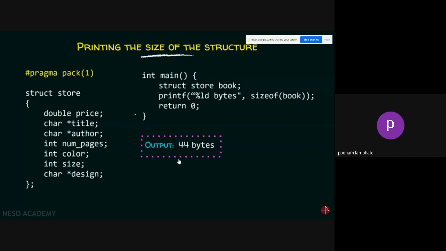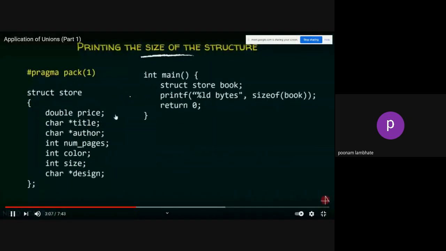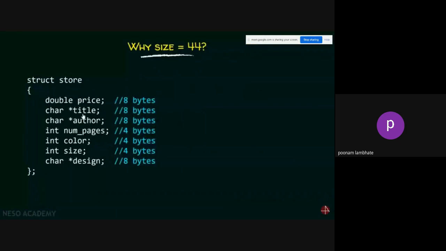Also, as I said, wasting memory means what? The size of the structure will increase. Here there are 44 bytes, considering you can add these later on and then you'll get 44 bytes. Suppose the price is double, so it is 8 bytes. Suppose this string, I initialize it with the size of 8, suppose my title maximum can be 8 characters, then the string will be 8 bytes.